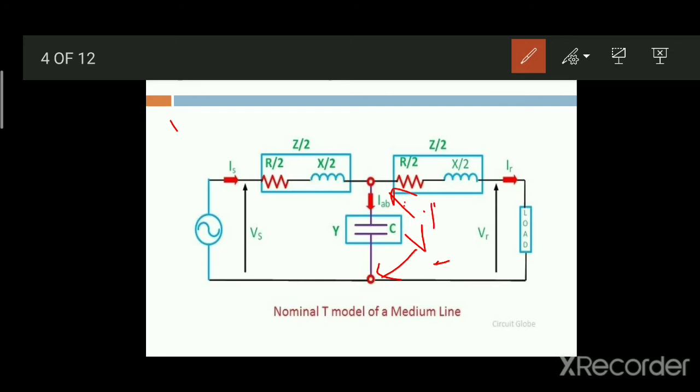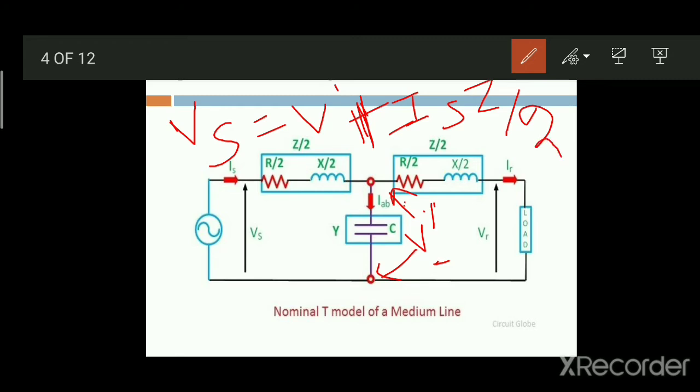Apply KVL in this circuit, then Vs is equal to V dash plus Is into Z by 2.